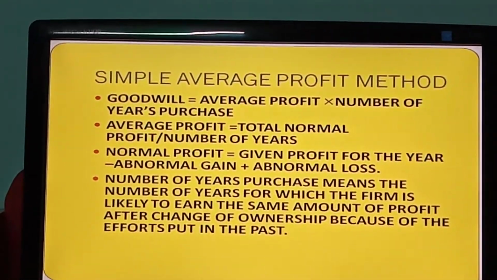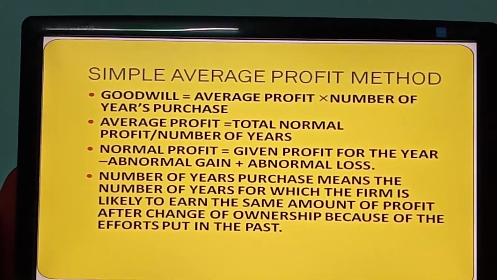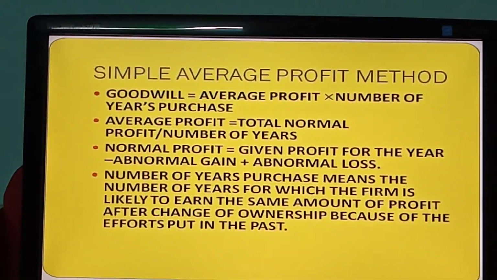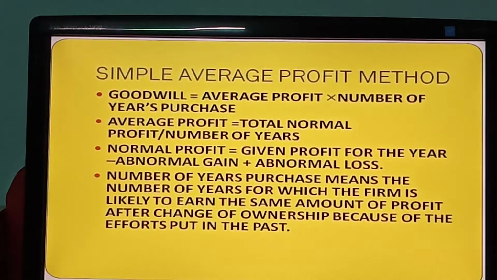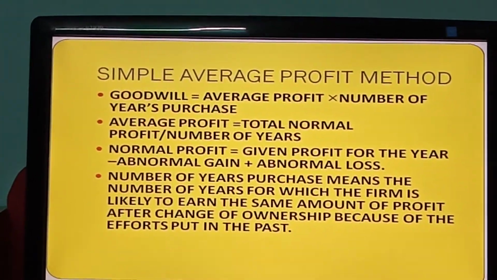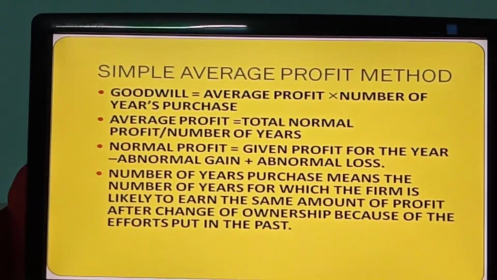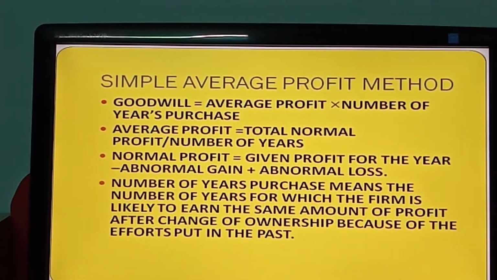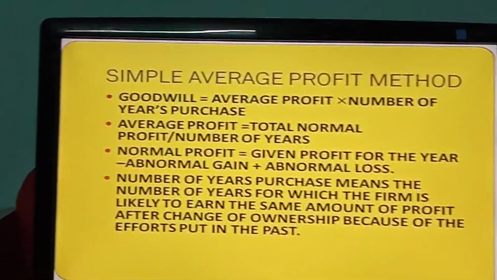For example, in 2017 the profit is 20,000, in 2018 the profit is 20,000, and in 2019 the profit is again 20,000. What will be the average? We will have a total of all the 3 years, that will come out to 60,000, and because the number of years is 3, we will divide it by 3, which gives us 20,000.